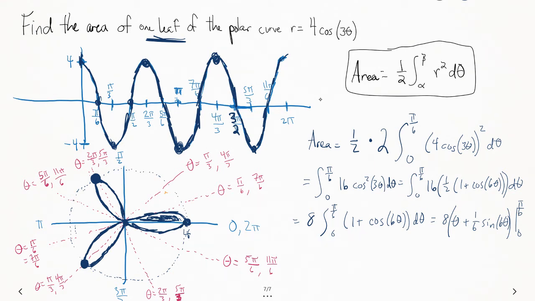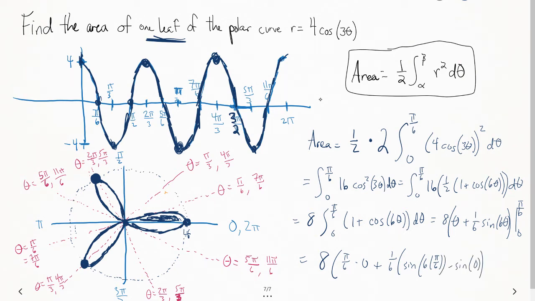Okay, so let's see what this thing finishes out to be. This thing becomes 8 times pi over 6 minus 0, plus 1/6 times sine of 6 times pi over 6 minus sine of 0, which is just going to be 0 there.